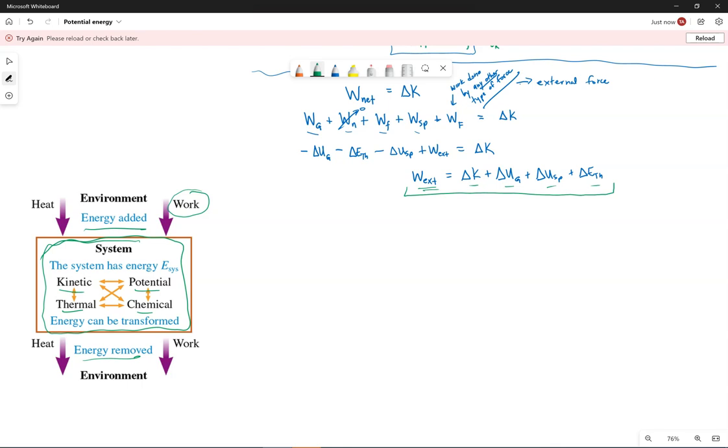If there's no external work done, then any transfer of energy happens within the system itself. And we can describe that in terms of this kinetic energy, potential energy, thermal energy. And these are describing the energy transformations within the system.